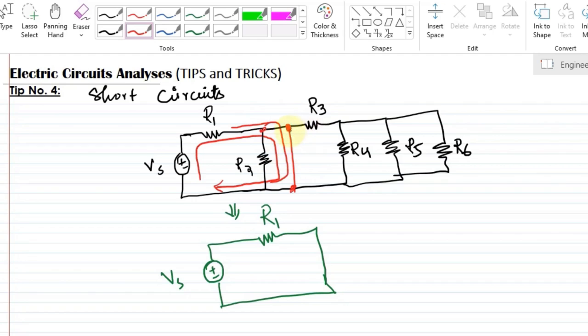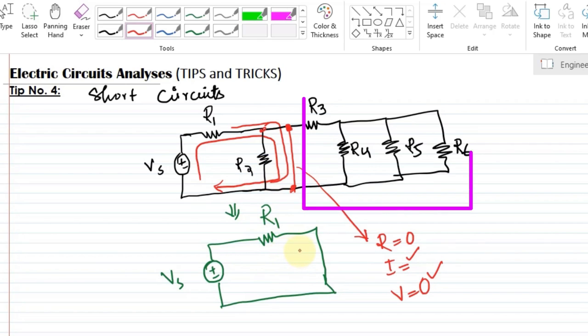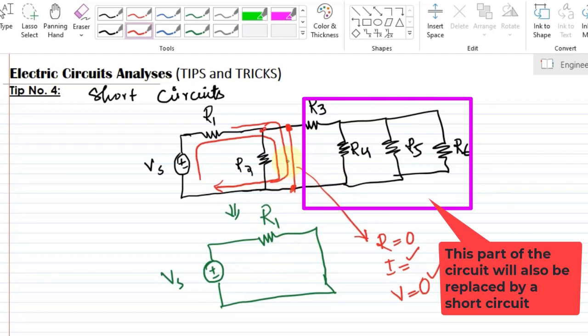As the resistance of a short circuit is 0 in ideal cases, the current will always pass through this short circuit, and therefore the voltage across it will always be 0. So when we short circuit any element here, all the current will flow through this one. That is the circuit here.